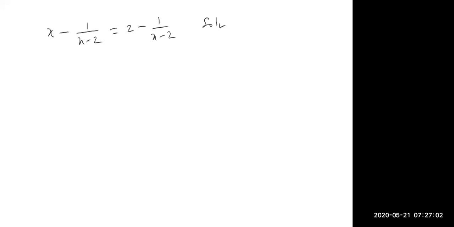Solve it. See, very simple problem. You can observe directly.